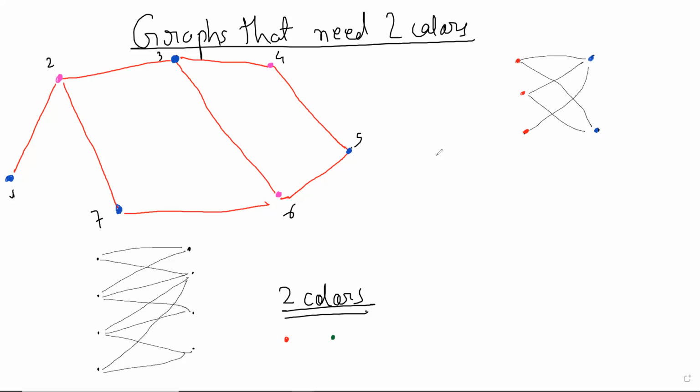All the guys on the left have been colored with red, and all the guys on the right have been colored with blue. So maybe we can use this to see if you can color this with two colors, and then also maybe give an elegant explanation.